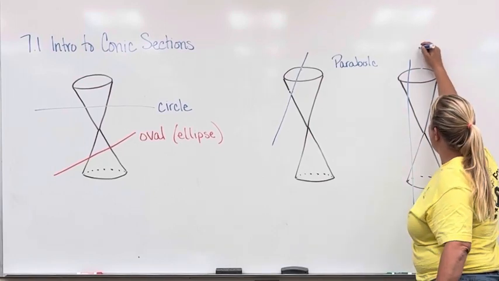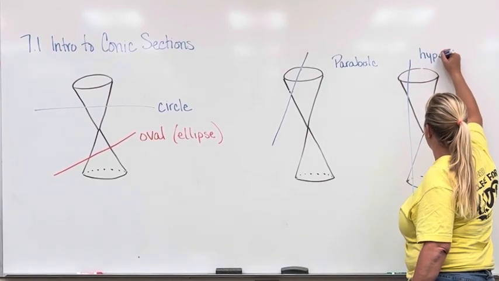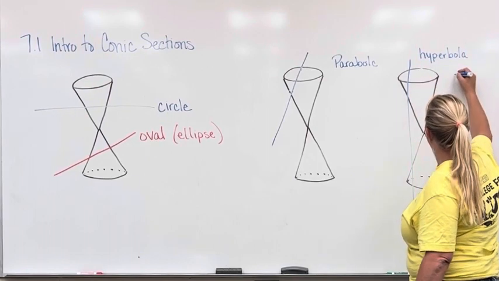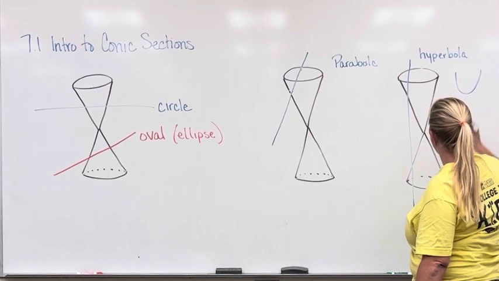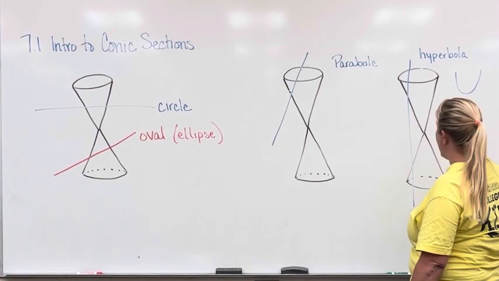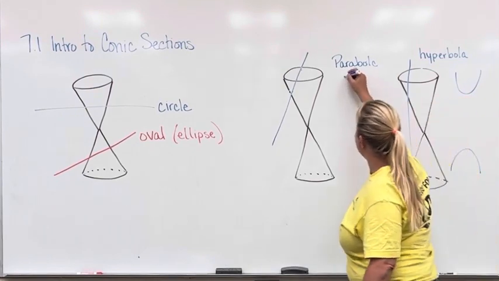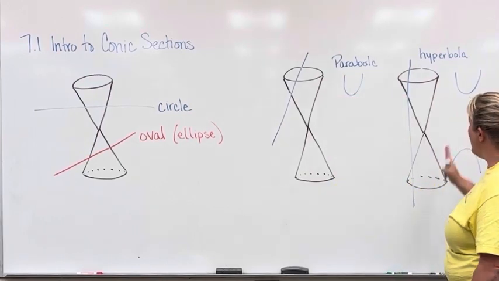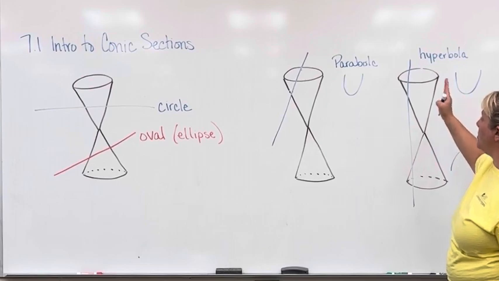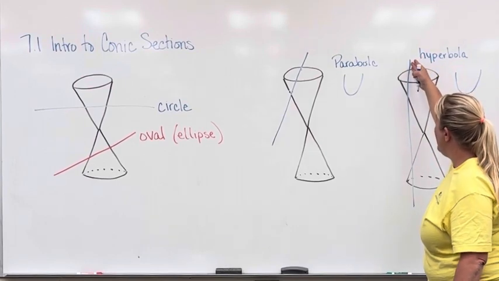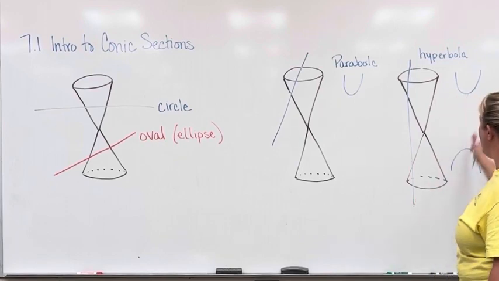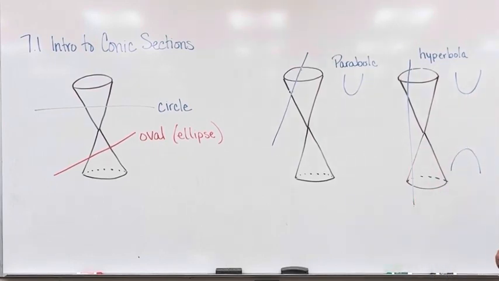This one is going to create what we call a hyperbola. And what this one's going to look like is it's going to have a parabola here, but it's also going to have a parabola down here. So this one is just a single parabola, okay, a parabola like that. But if we take that line and we turn it even more vertical so that the line cuts through here, but also comes down and cuts through there, then we end up with the hyperbola.